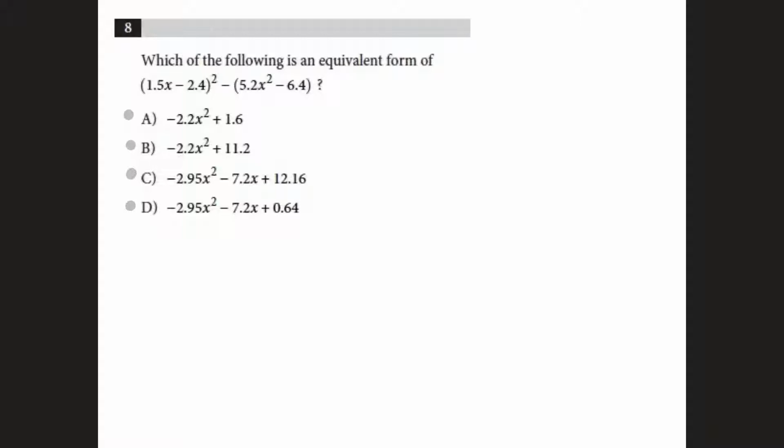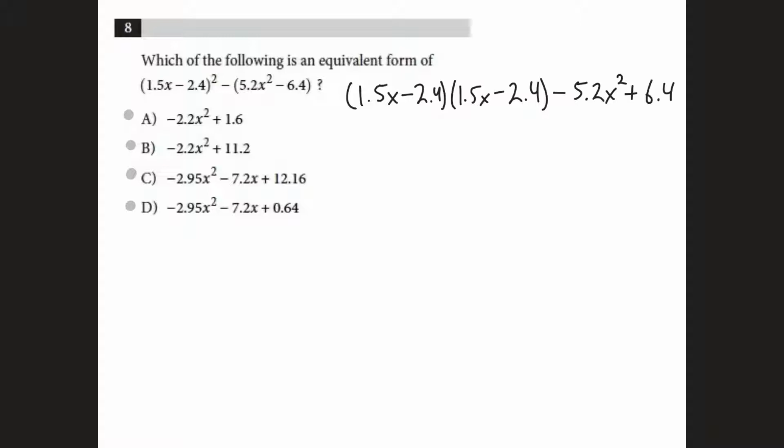Well, the first one is going to be (1.5x minus 2.4) times (1.5x minus 2.4), and then minus, and I'm going to distribute that, (5.2x squared plus 6.4). So my first binomial here, we'll expand that.